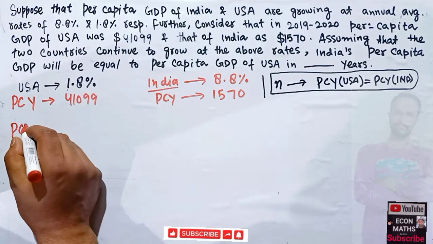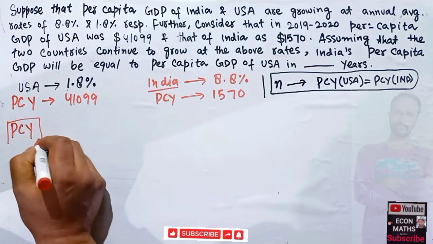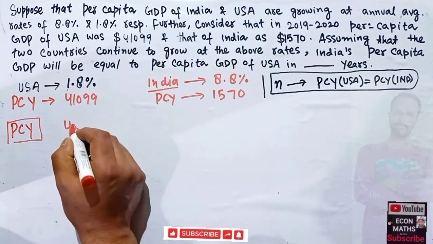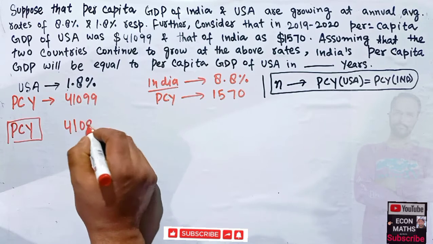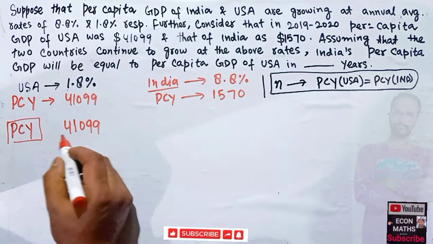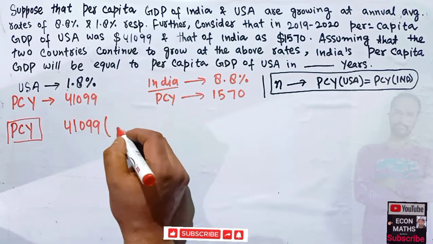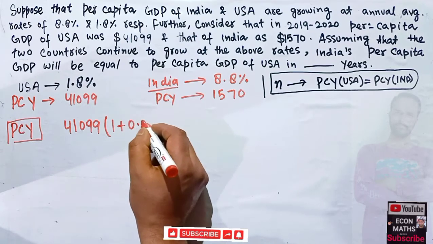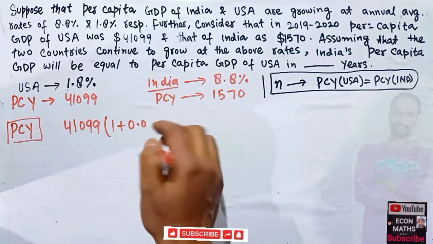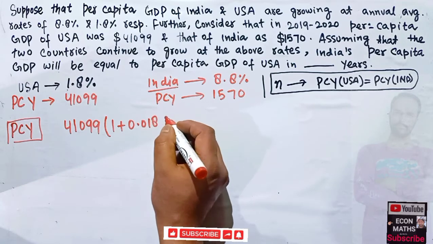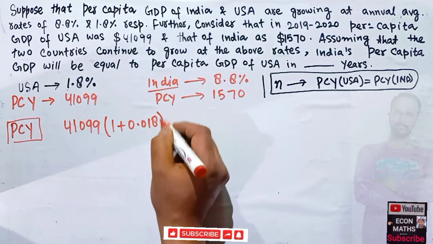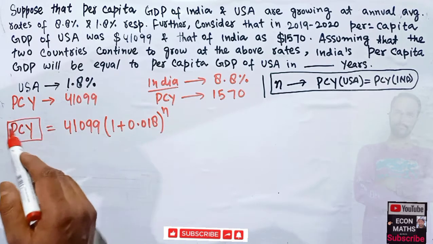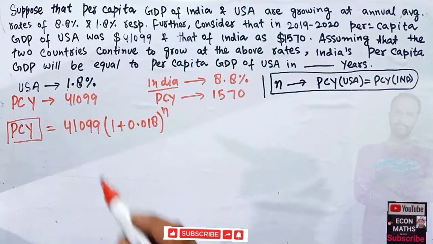Per capita income of USA after n years will be equal to 41099, that is our original amount. To this we multiply (1 + 0.018) raised to the power n. After n years per capita income of USA will be equal to this.